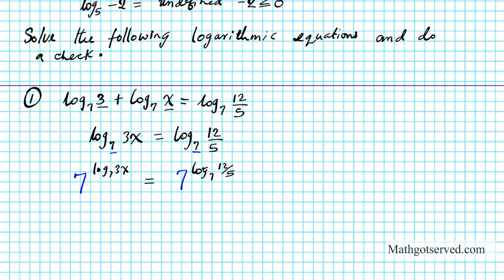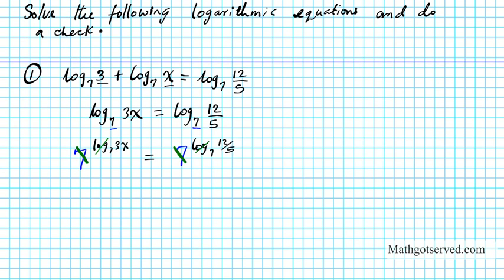Since these are inverse operations, they cancel each other out by the inverse property of logarithms. So on the left side, we're going to have 3x equals 12 over 5.